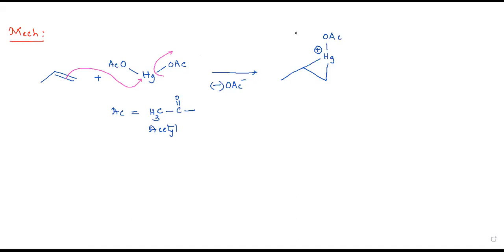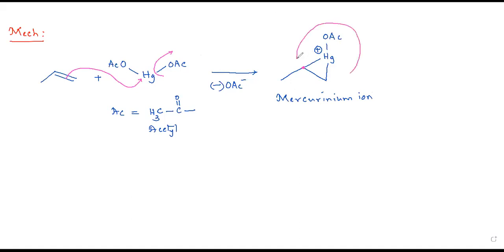Look at what has happened. You got something cyclic. This is called mercurinium ion. Now check this out.